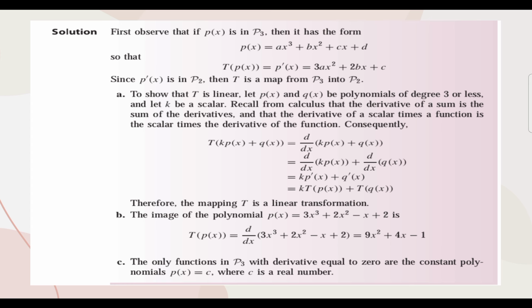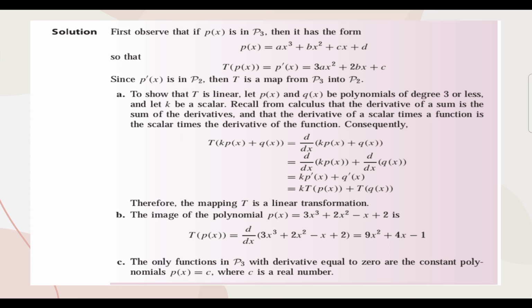So we have T(kP(x) + Q(x)) = d/dx (kP(x) + Q(x)) = kP'(x) + Q'(x) = kT(P(x)) + T(Q(x)). Therefore, the mapping T is a linear transformation.